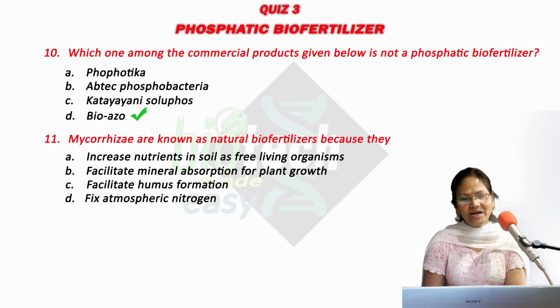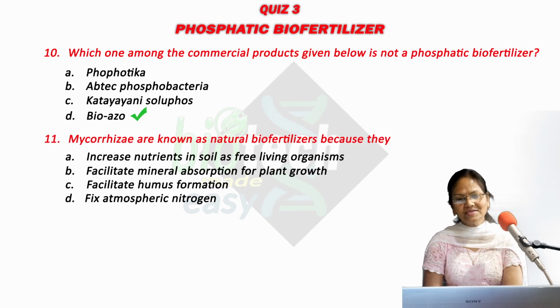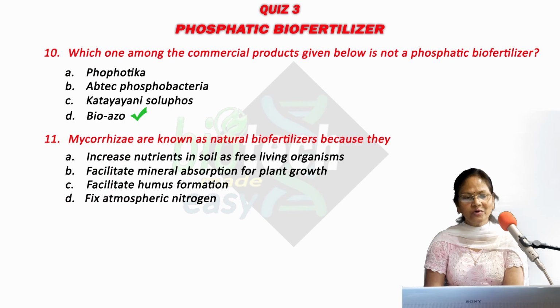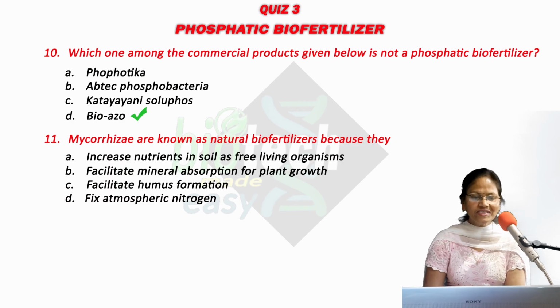11th is: mycorrhizae are known as natural biofertilizers because they increase nutrients in soil as free living organisms, or facilitate mineral absorption for plant growth, facilitate humus formation, or fix atmospheric nitrogen.